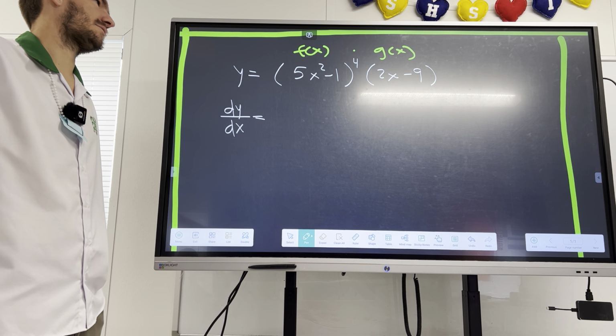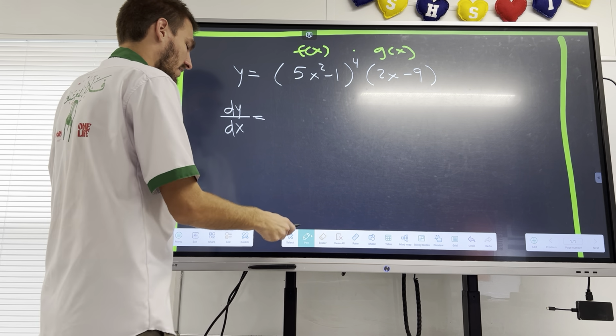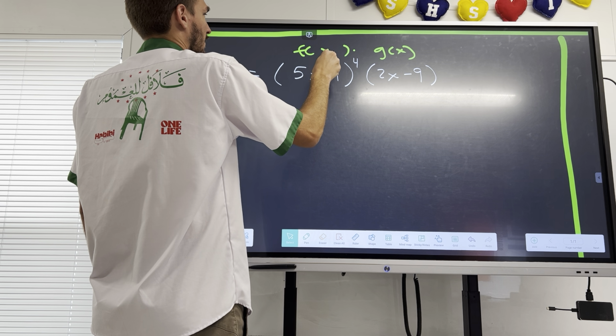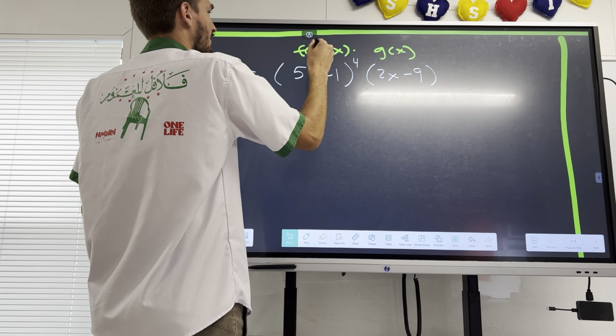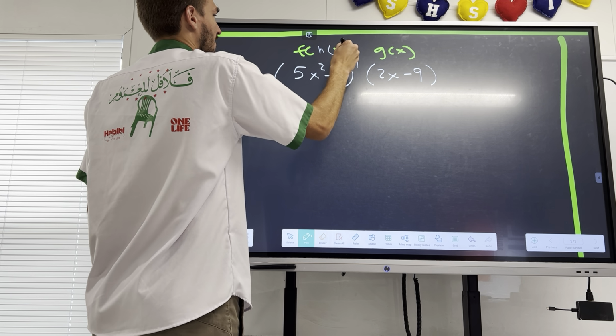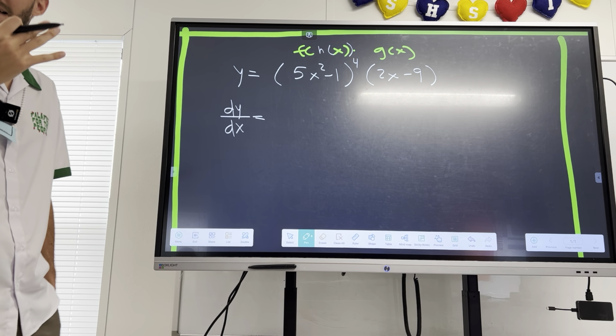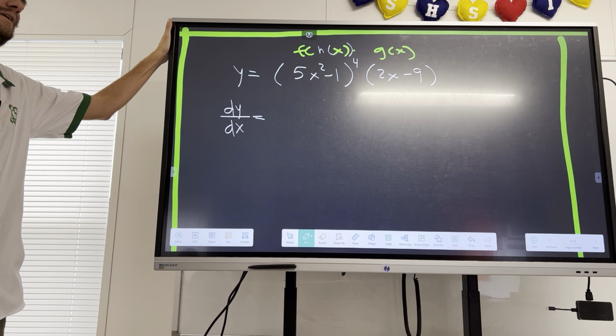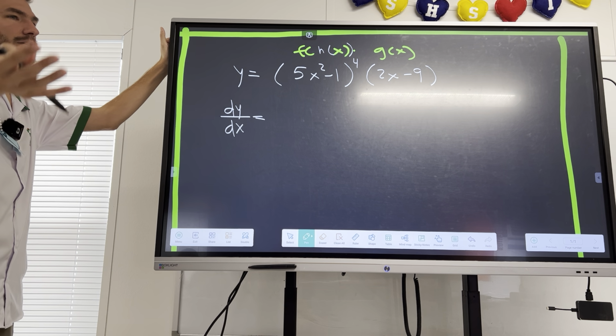We have to use a product rule, but also this F has a little H in there because it's got an interesting inside. So we're going to have to do the product rule, multiply F times G, using the product rule: derivative of one, keep the other one the same, derivative of the other, keep the one the same.